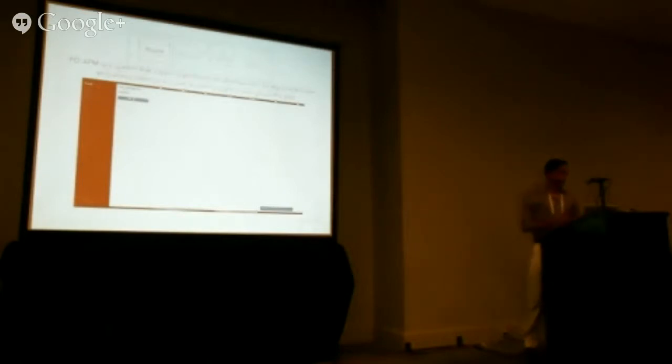So PDAPM is a platform that supports professional development among algebra teachers, and it also supports the monitoring of the progress of the students throughout the year. And then you can see a little video of what that platform looks like. So they're going through the graph. And that's what you can use to monitor the progress of each of the students.